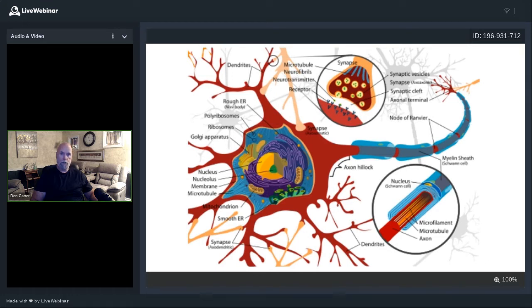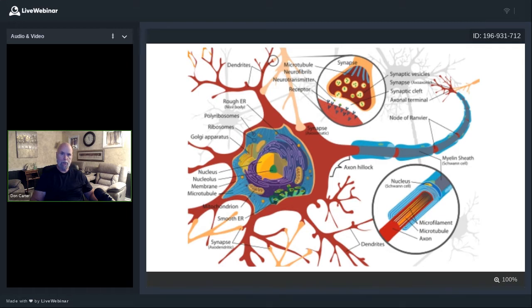Once they've produced and packaged up groups of neurotransmitters, they will fire off another electrical impulse that carries those chemicals down to the end of the brain cell, which is the axon terminal down here at the end.